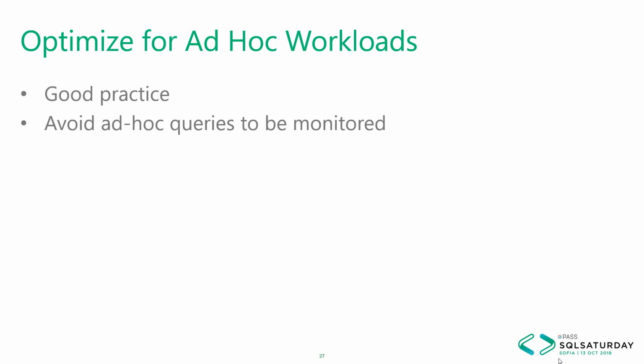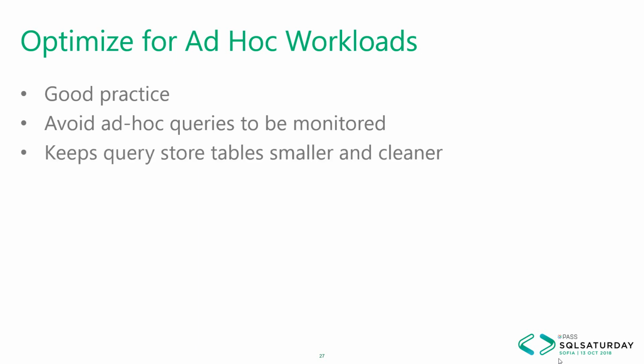So, as a consequence, query store doesn't capture this query. Only the second time this query arrives at the server is the query plan stored in the plan cache, and query store will capture this plan. So query store tables will be smaller and cleaner.